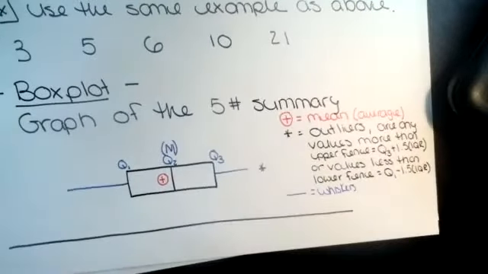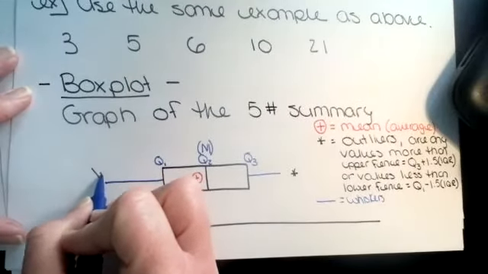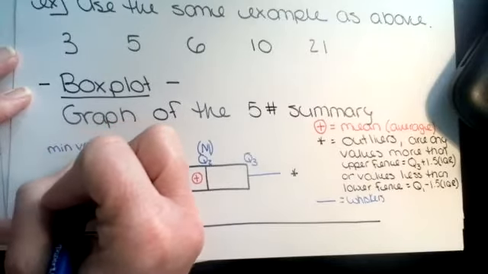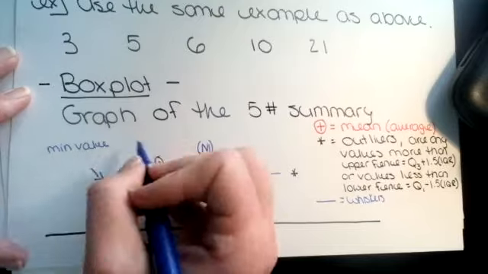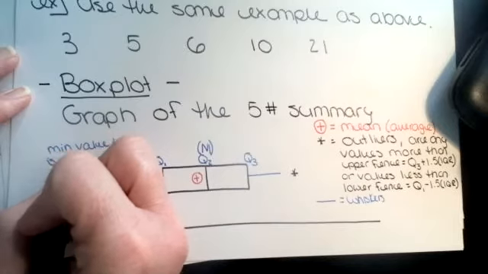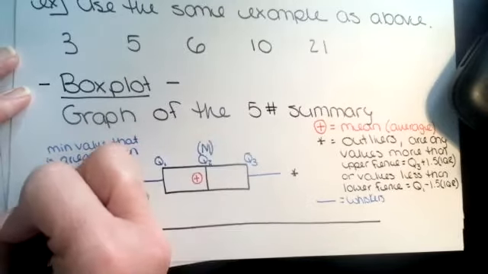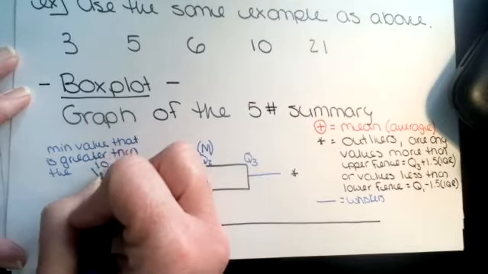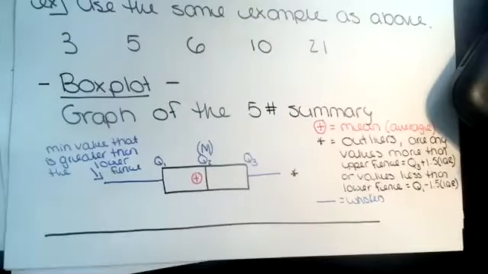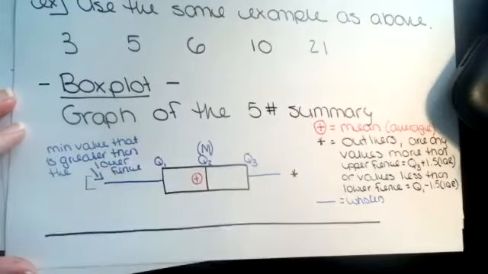So right here, I want to make a note that over here, this is the minimum value that is greater than the lower fence. So your lower fence would maybe be here.